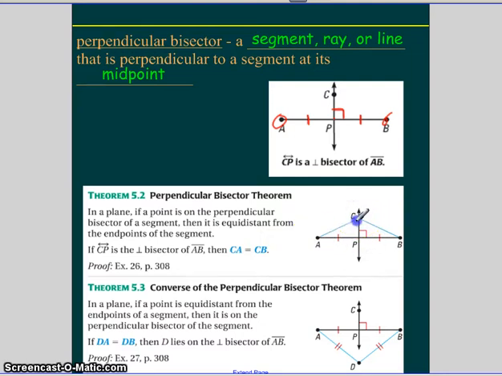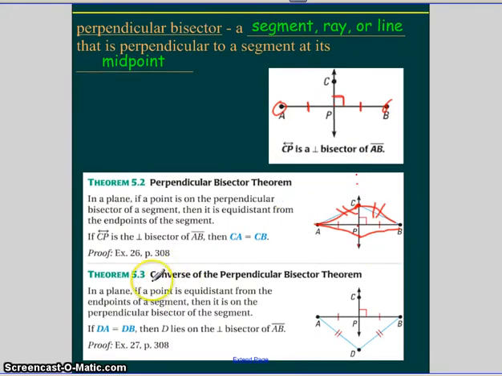That tells us that if C is on that perpendicular bisector, then it's going to be the same distance from CA to CB. Same as we went down here, this length would be the same as that length. So any point that we choose along that perpendicular bisector is going to be the same distance from that point to A as it is to B.